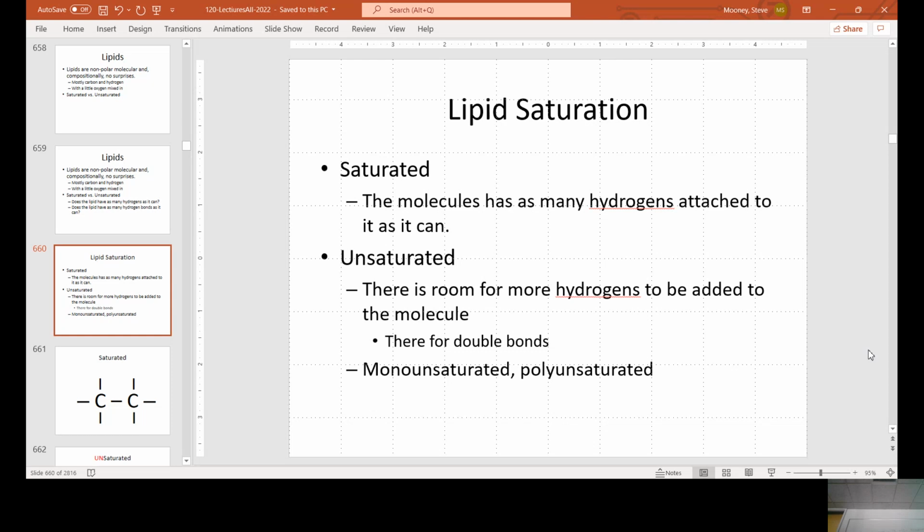And that influences a number of different things physically. We may have a situation where there's one double bond, we're missing two hydrogens. Or we may have a situation where we're missing a number of hydrogens that'll lead to more than one double bond. There may be places where we could have two more hydrogens, but we don't.